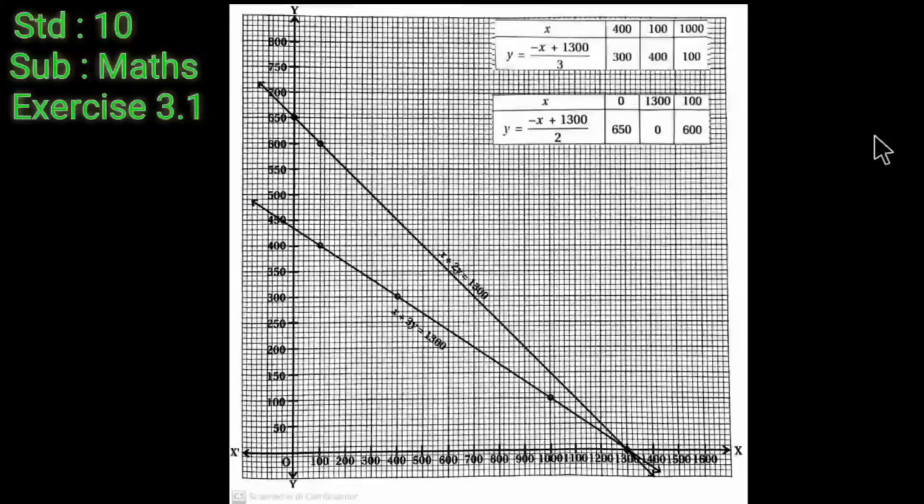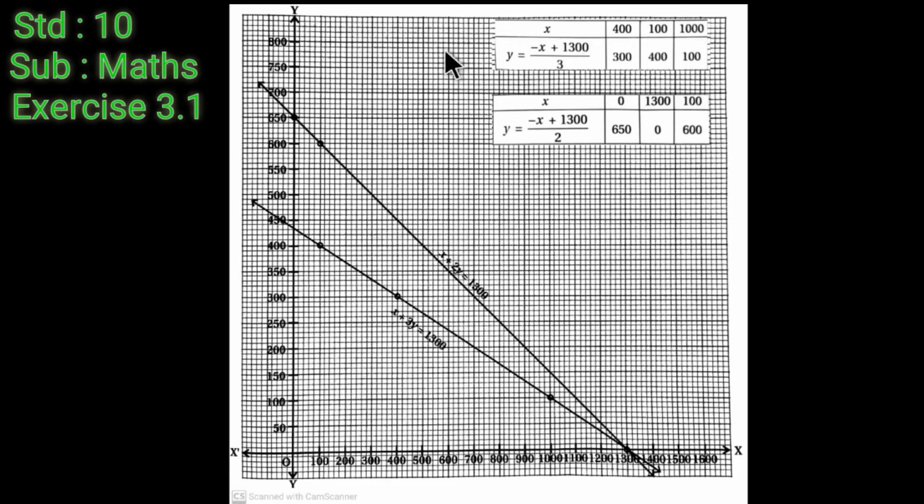On the x axis we take 1 centimeter equals 100 units, and on the y axis 1 centimeter equals 50 units. Now for the first equation, we have made the table.